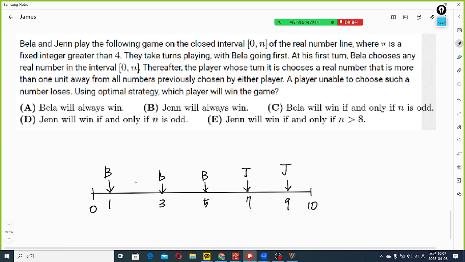So let's say Jen chooses 2, but it must be more than 1 unit away, so she cannot choose 2. So now actually there is no number that can be chosen by Juan. Any number chosen will be within 1 unit distance from the previous numbers. So Juan loses.